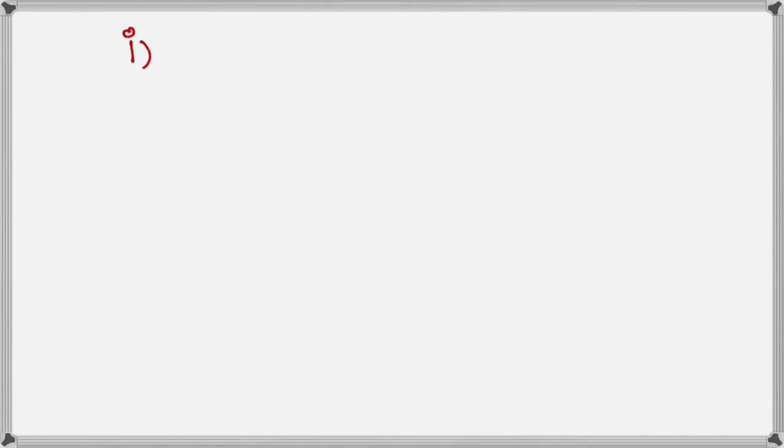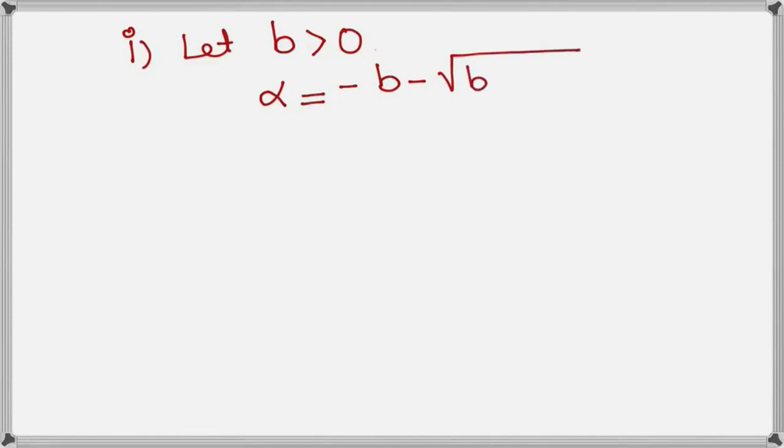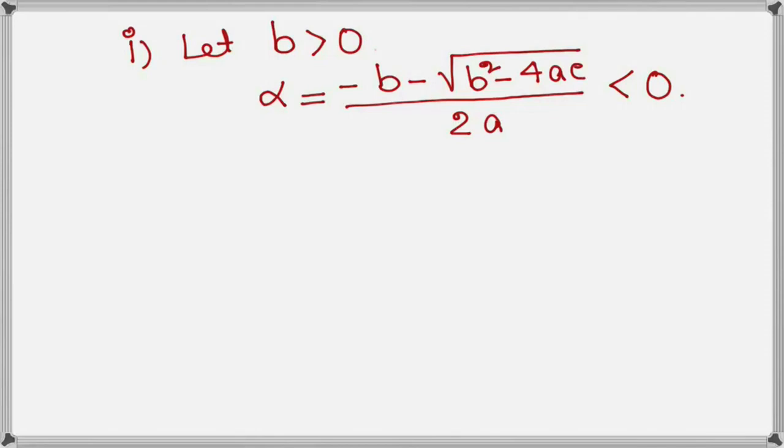Let b be strictly bigger than 0. So here one of the solutions in particular, which we called as alpha, minus b minus square root of b square minus 4ac divided by 2a is always strictly less than 0. That is, alpha is always negative. So let us look at what happens to the other solution beta.